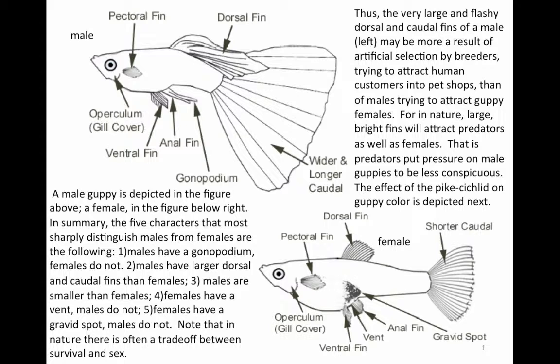For in nature, larger, bright fins have and will attract predators as well as females. That is, predators put pressure on male guppies to be less conspicuous. The effect of the pike cichlid on guppy color is depicted next.